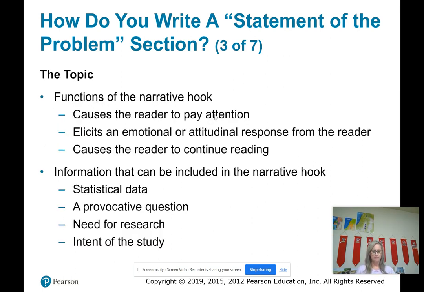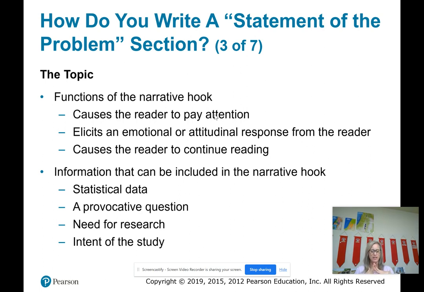Going further, the first sentence is called your narrative hook, and we've learned this, okay? It draws your reader's attention into the study, and it has certain characteristics. It's going to get your reader's attention, garner an emotional response, spark interest, and encourage them to read past the first page, okay?